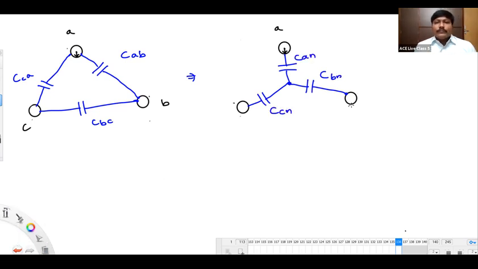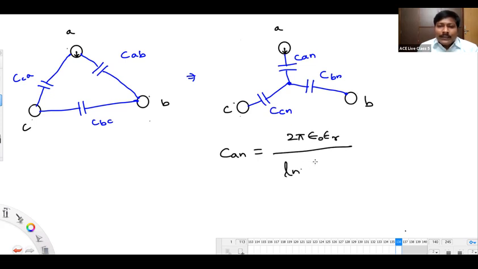Okay. Next thing. What is the CAN formula? What is the formula for capacitance from conductor A to neutral? CAN formula we already have: 2 pi epsilon naught epsilon r by natural logarithm GMD by R, farad per meter. That is CAN.